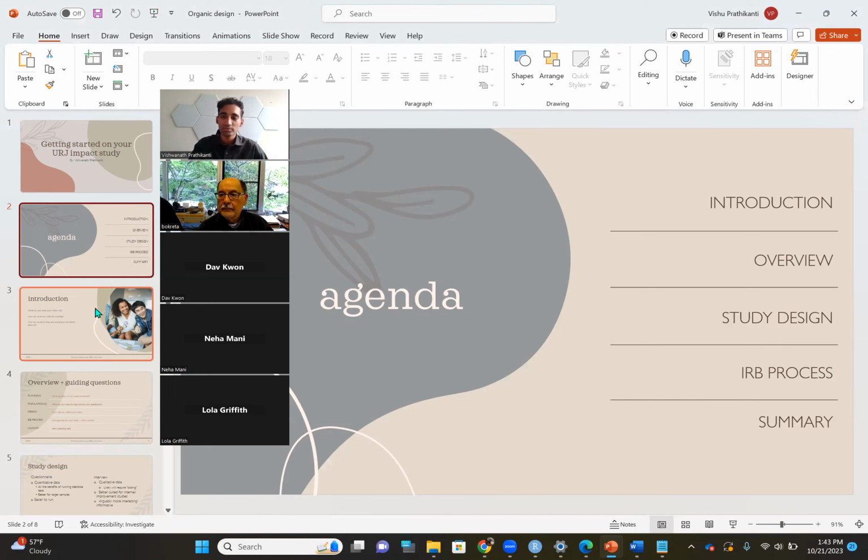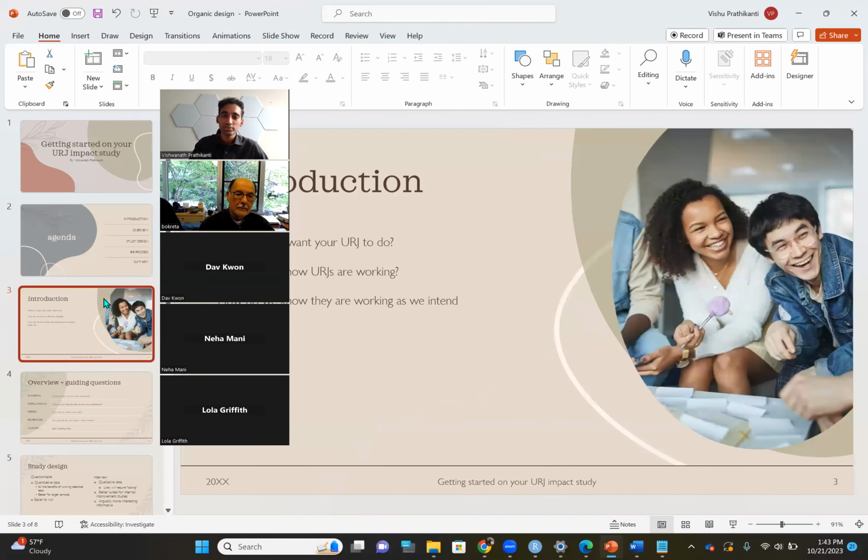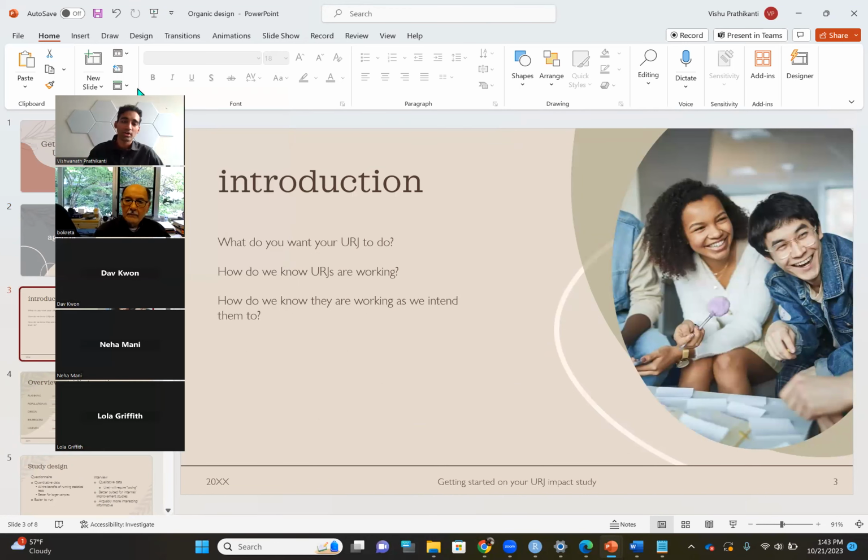In terms of introductions, people on the recording may have missed that, but this session is essentially getting to the heart of understanding what your undergraduate research journal is actually doing. A lot of the guiding principles and questions on a research study of undergraduate research journals revolve around these questions.